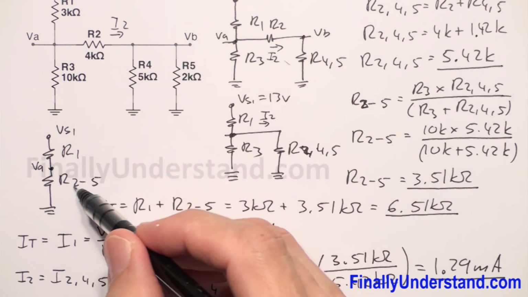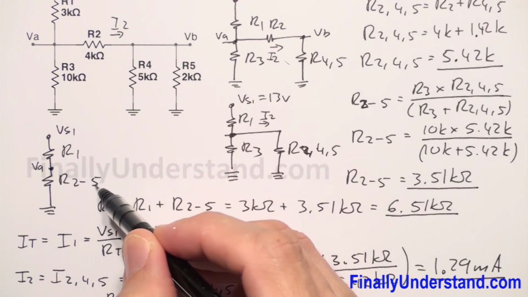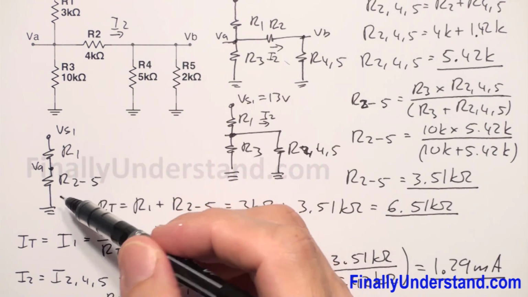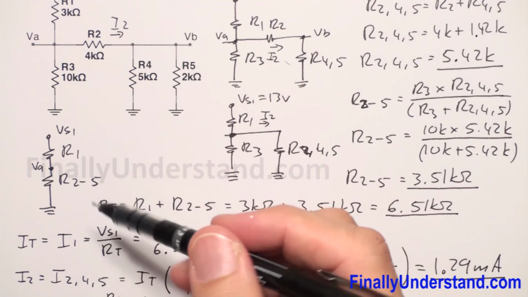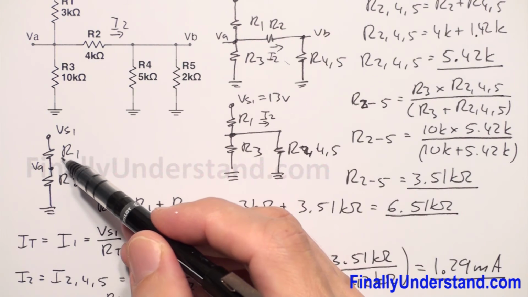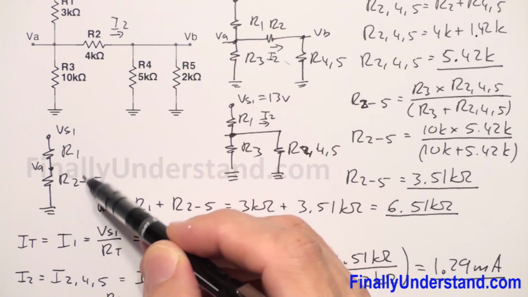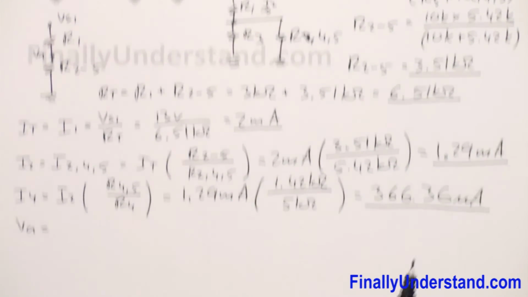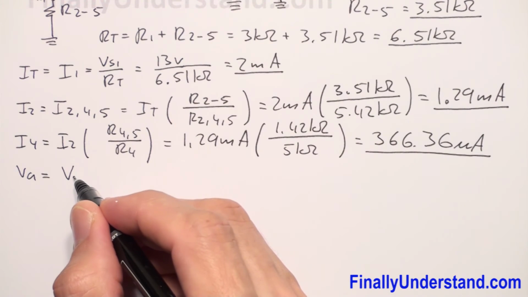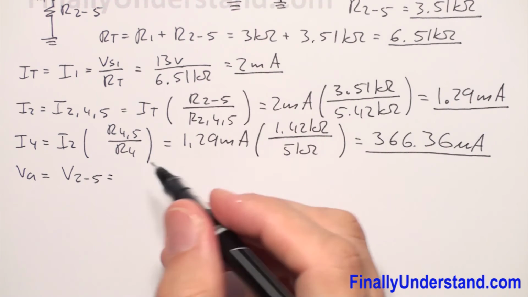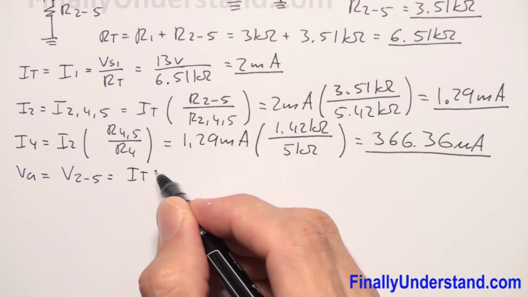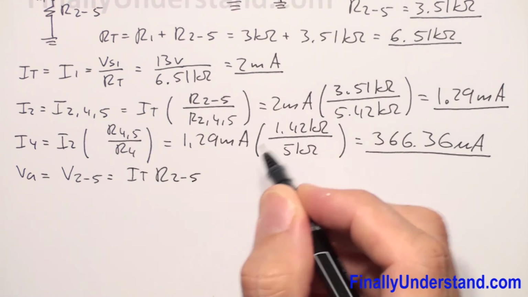VA is the voltage across resistor R2-5. Okay, and as you can see, we have a series circuit. This is simply like a voltage divider, but because I have the total current, I'm going to use simply the total current and this resistance in order to find this voltage. So VA is equal to V25, the same voltage. I'm supposed to multiply I total by R2-5.